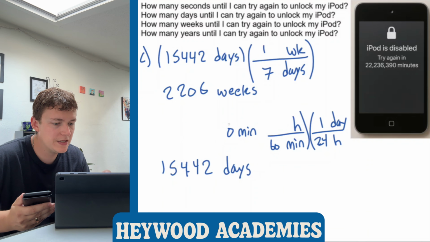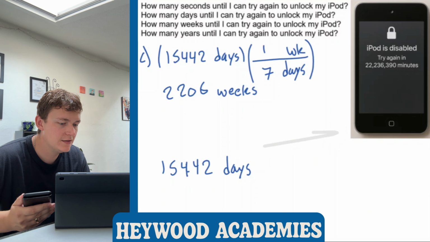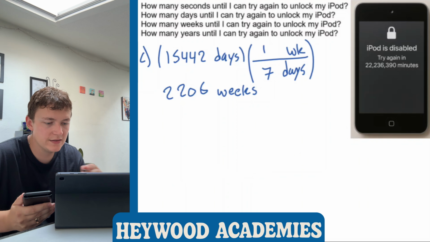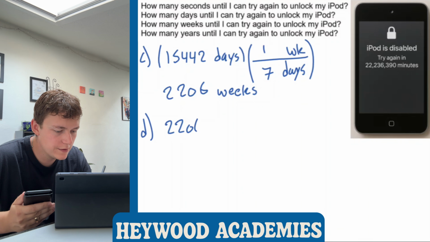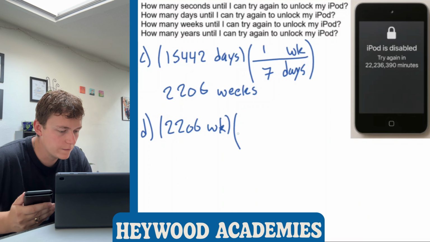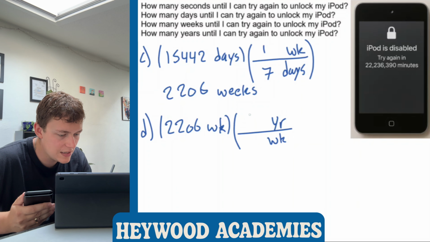Okay, now the last one is how many years. So now we've got to go weeks to years. So let's go part D. We're going to take that 2206 weeks and convert that over to years. So we've got weeks on the bottom, years up top. 1 year is 52 weeks.